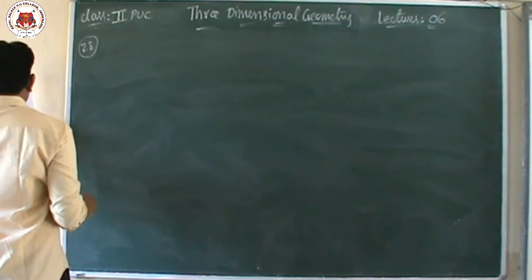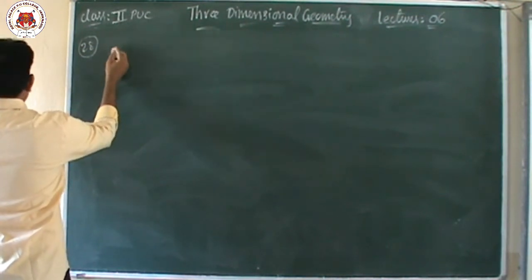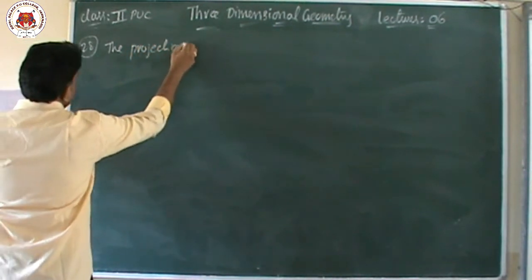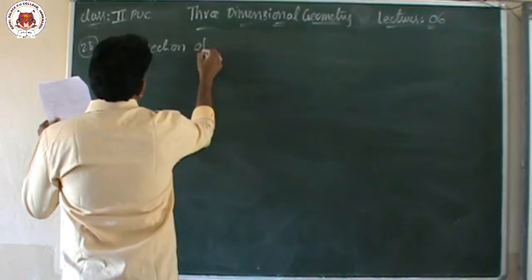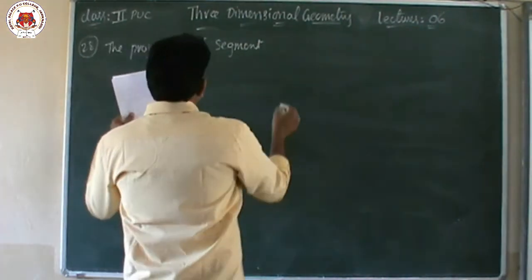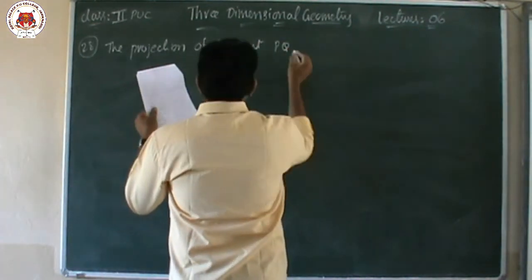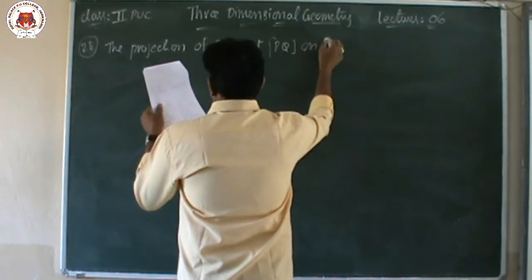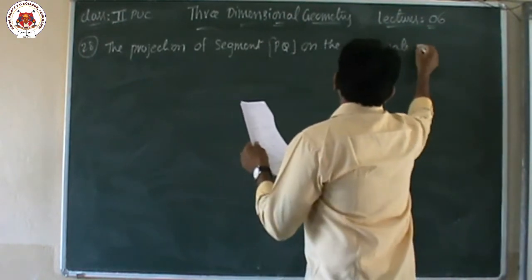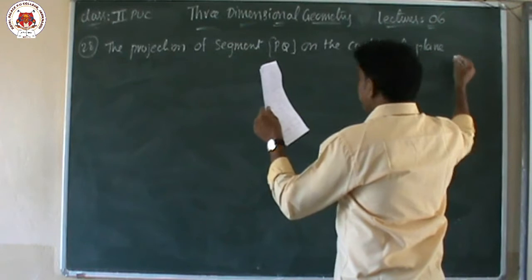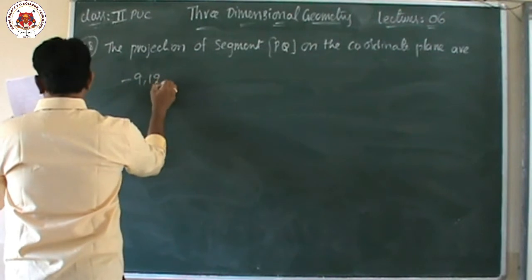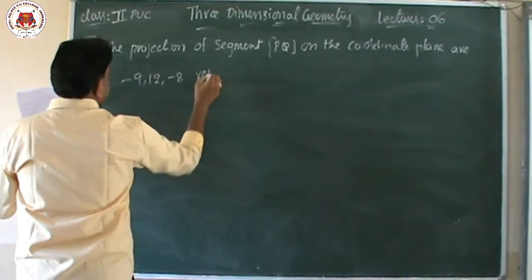Twenty-eighth question. The projections of segment PQ on the coordinate planes are -9, 12, -8 respectively.